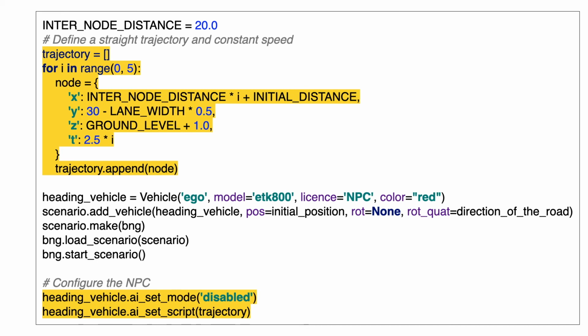So the time between the car passing two consecutive nodes must be 2.5 seconds. And because I don't change this, it is basically driving straight at constant speed. But this is a very basic situation. Then what we need is to create a vehicle, add the vehicle to the scenario, and then set up the vehicle AI with the set_script.